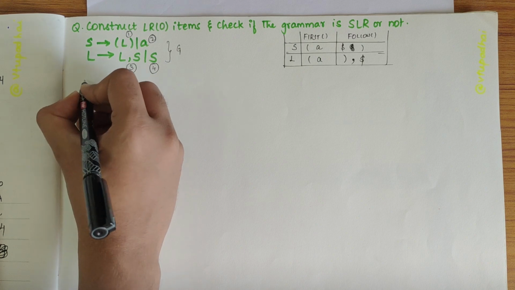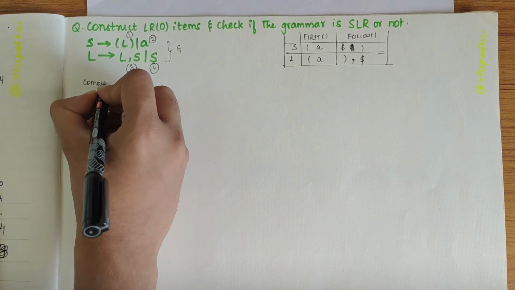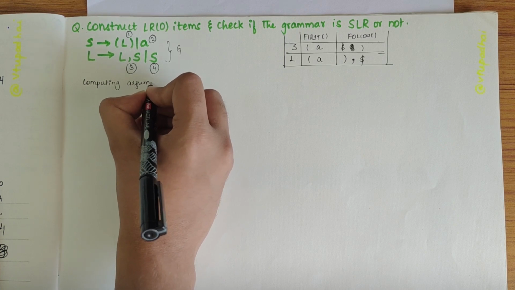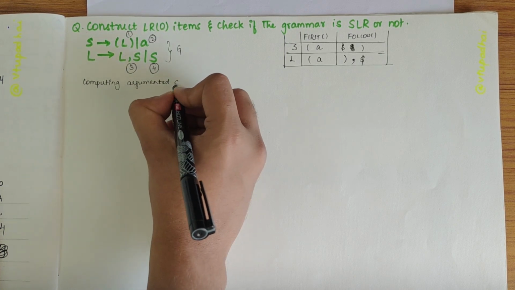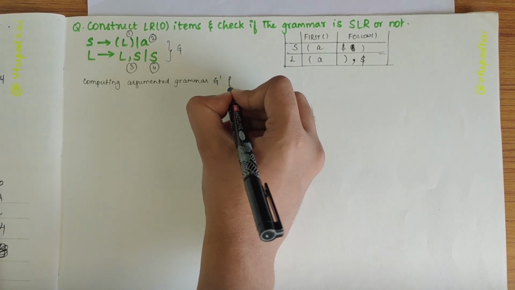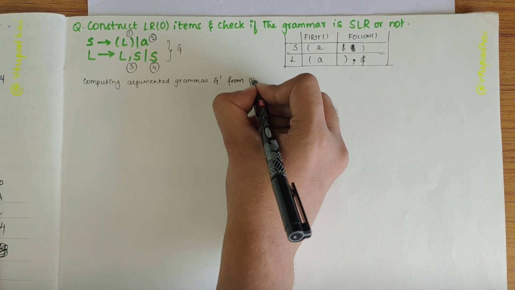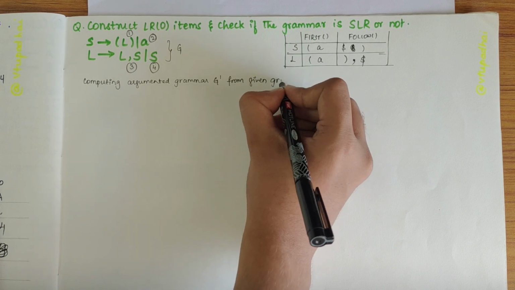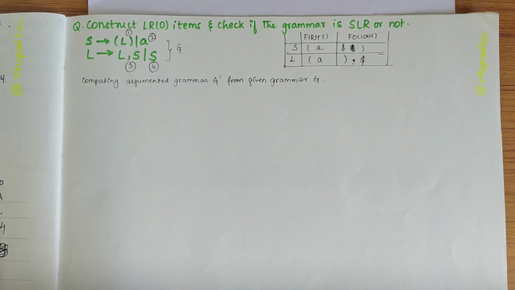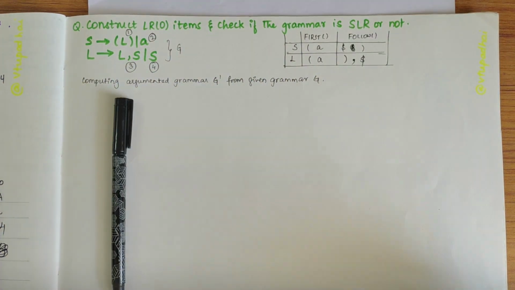Now moving on to computing the augmented grammar G dash from the given grammar. Before I proceed, I should remember certain things.